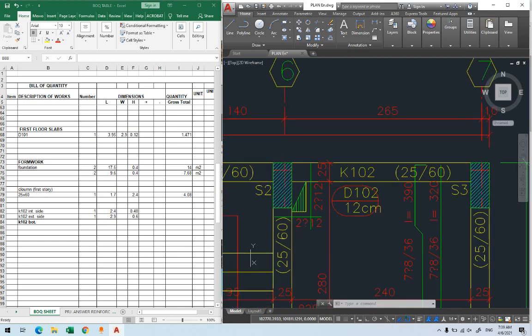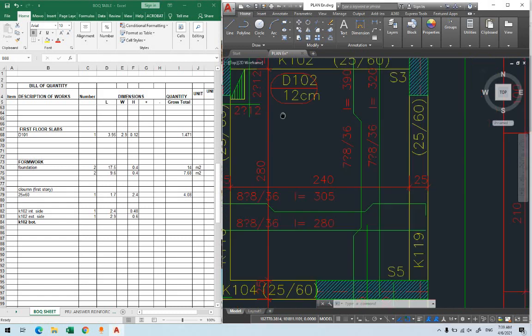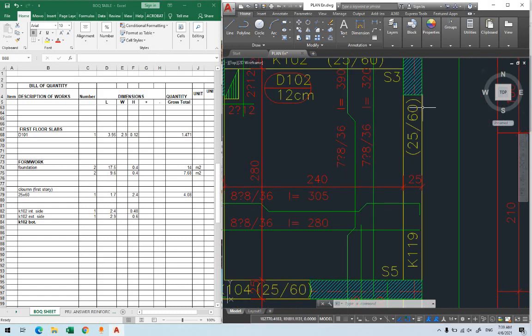We'll take another beam, and it will be clear what we mean by that. So when we're doing formwork for the bottom of the beam, you consider it from face to face of the column. This will be the bottom of the beam. Look here. For the bottom, we'll do it like this. This will be the bottom formwork.